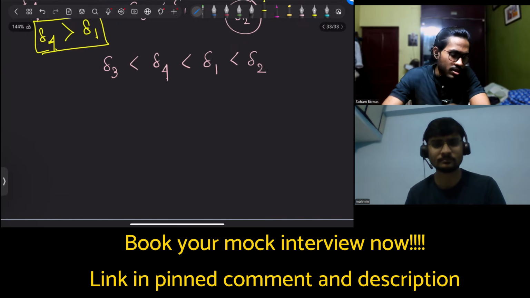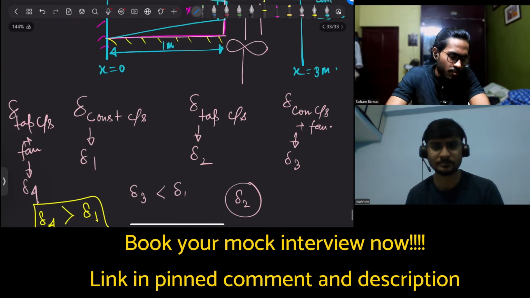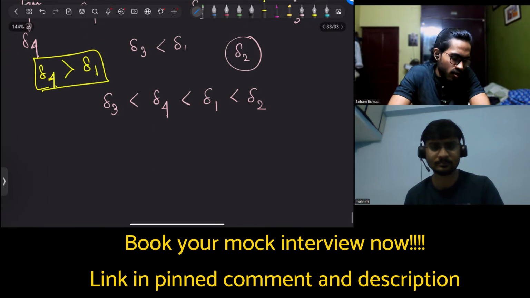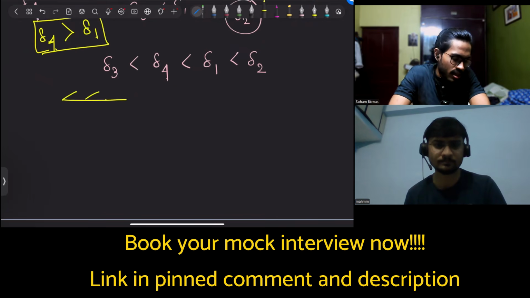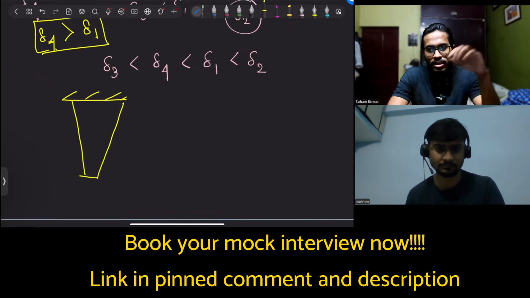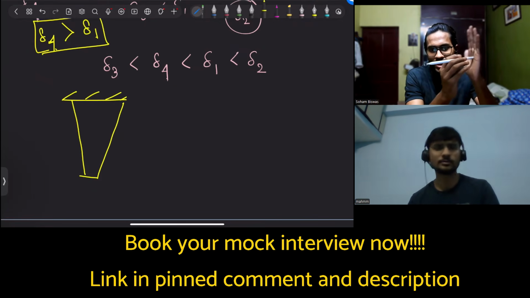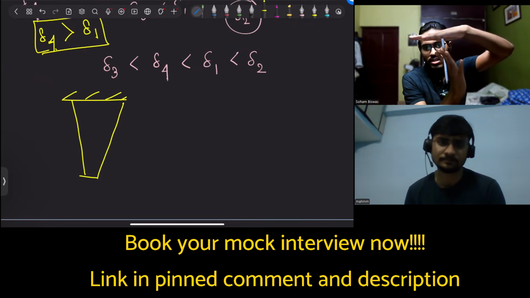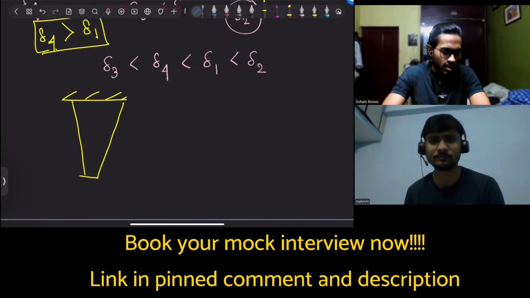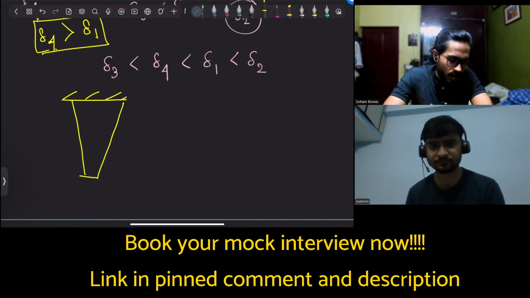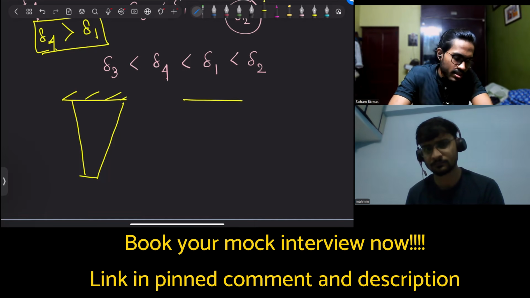So last thing, I will give you again cases. Initially the bars were all horizontal. Now I am taking the same bars and turning them upside down. So one is a tapered bar upside down, and then the constant cross-section bar upside down.